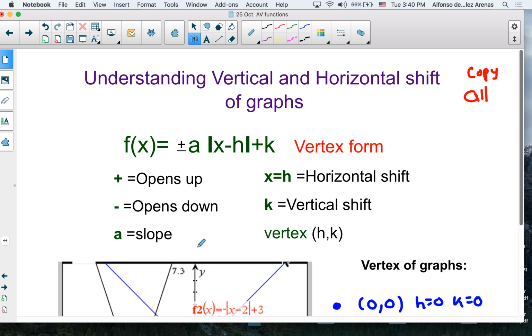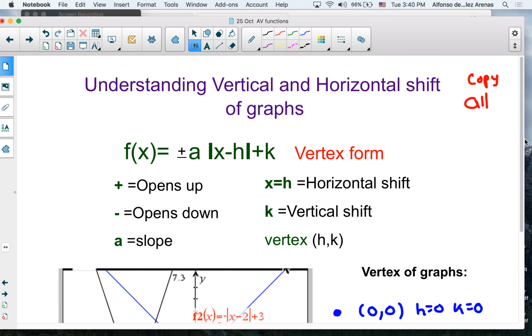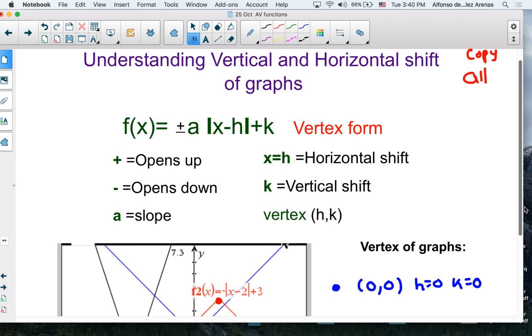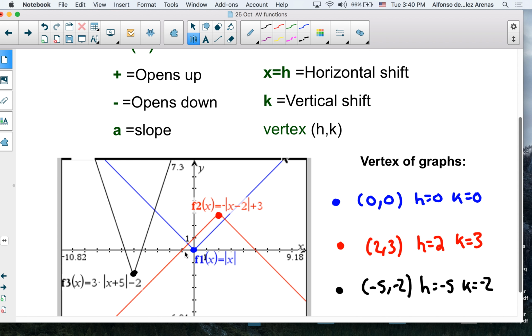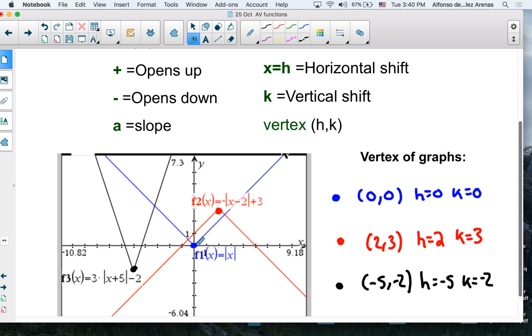But let's see. These V shapes are not always right here at the origin. Sometimes they are moved, like this one. If you compare this blue point with this red, this one was moved to the right and upwards, or this black was moved to the left and downwards. We call them shifts.